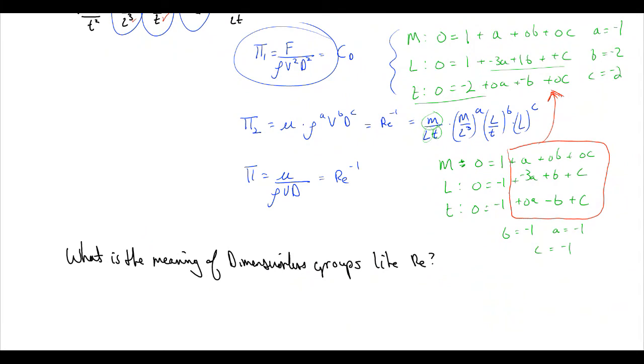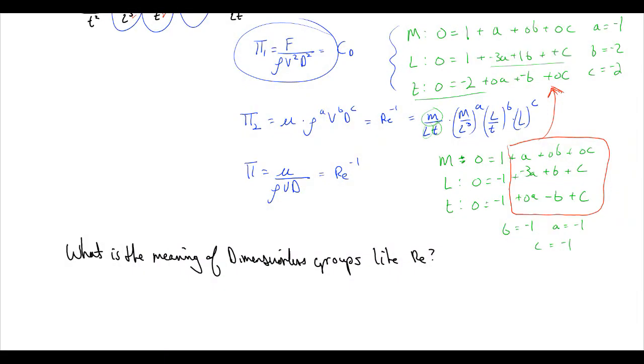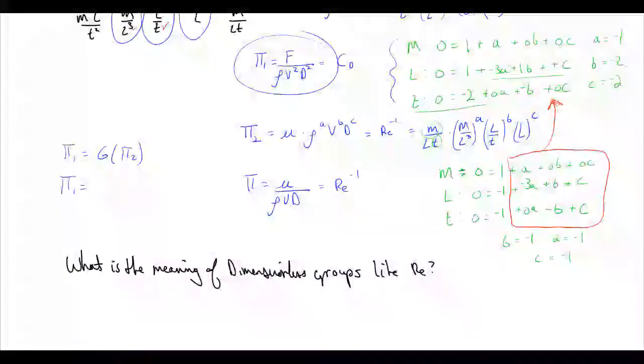And so, remember that our Buckingham Pi Theorem then tells us that our pi 1 is equal to some unknown function of pi 2. So our pi 1, sorry, I was supposed to write out our actual pi 1 here.